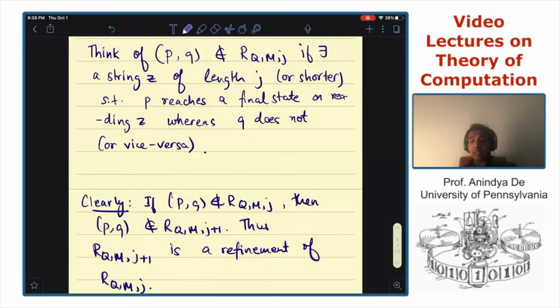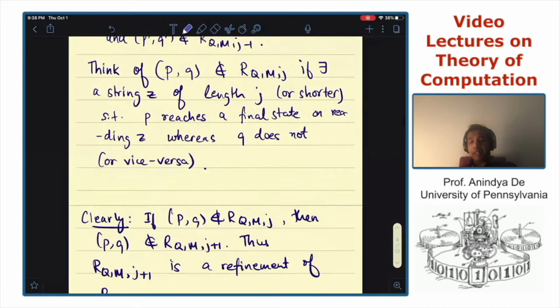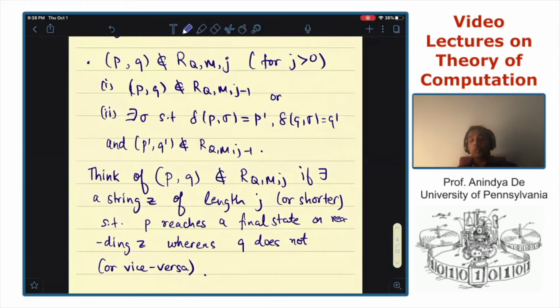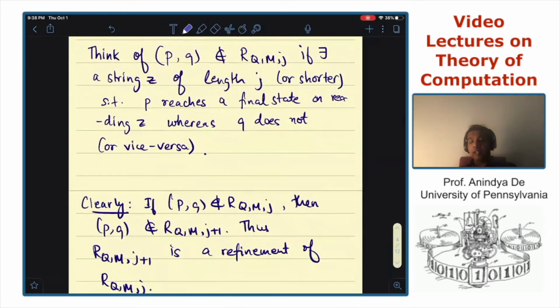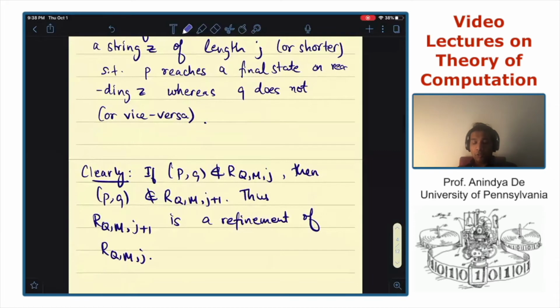By definition, whenever two states are in different equivalence classes with respect to R_{Q,M,J}, they're also in different equivalence classes with respect to R_{Q,M,J+1}, and hence inductively in every R_{Q,M,K} for K bigger than J. So R_{Q,M,K} is a refinement of R_{Q,M,J} for any K greater than or equal to J.